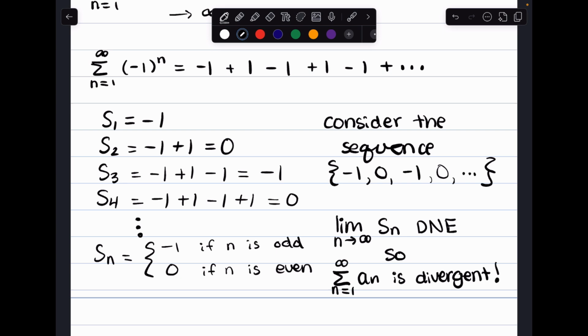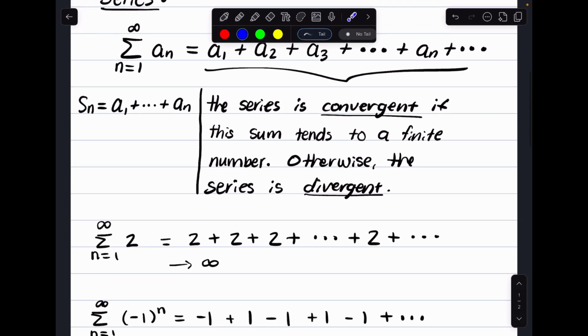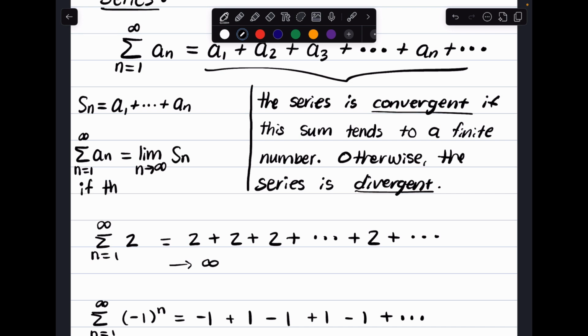And so coming back up here, we defined our nth partial sum. And when we're trying to look at what the sum of the series is, we're going to write that the sum of the series, n equals 1 to infinity of a sub n, is going to be equal to the limit as n goes to infinity of s sub n, if the limit exists.